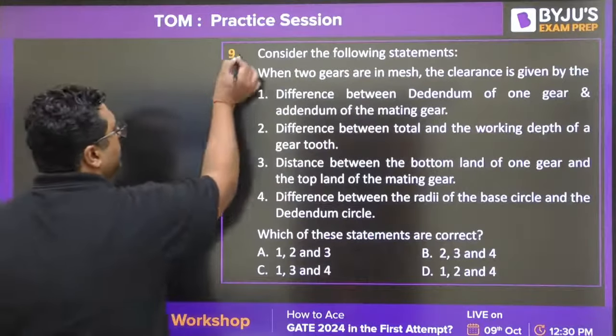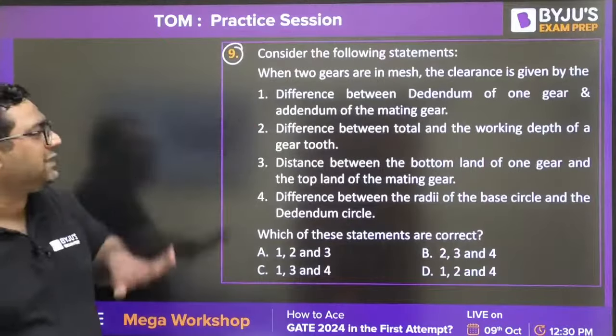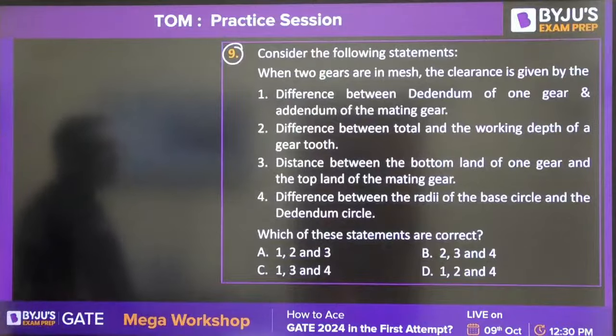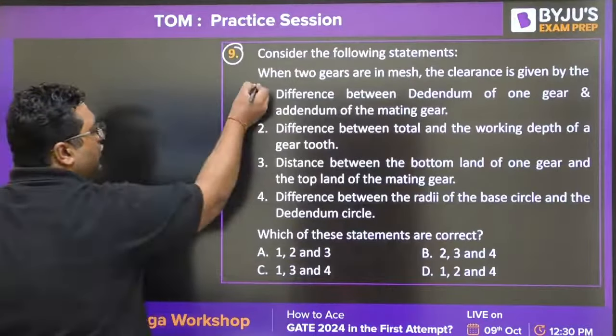Yes guys, in this question you need to see, when 2 gears are in mesh, the clearance is given by which option. You need to see what the answer would be for this one. There is one wrong statement out of these 4.